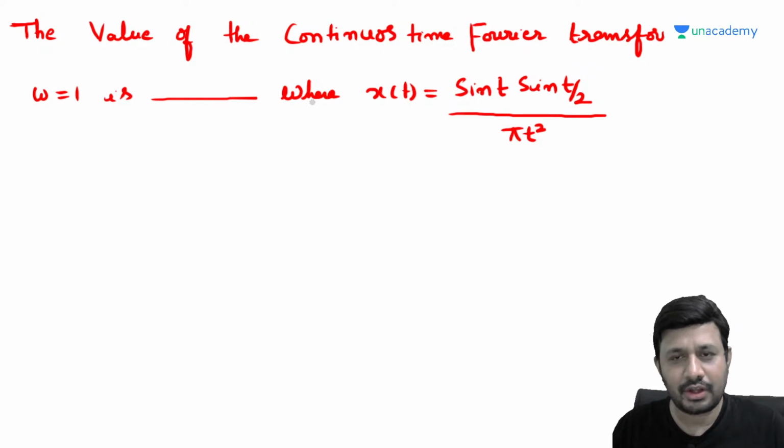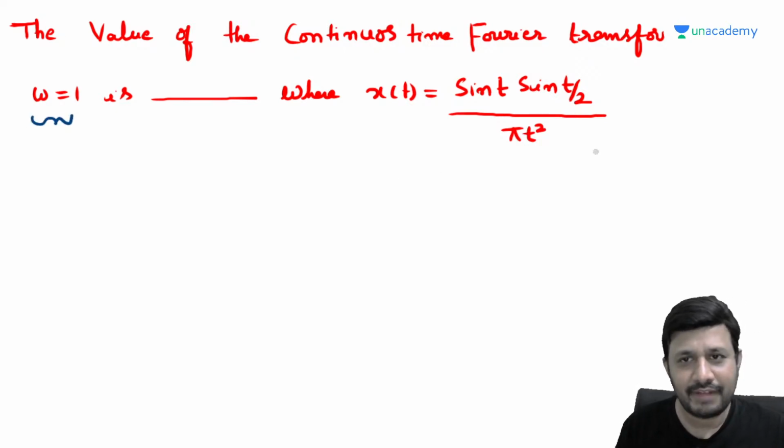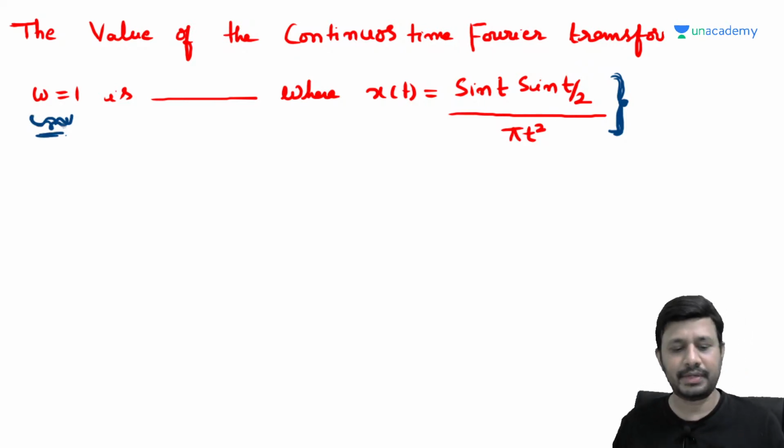You will be going through lots of good questions, that is guaranteed, within 15 to 20 minutes. He is asking us to find the Fourier transform of this signal, and in the Fourier transform, what is the value at omega equal to 1? Come on, try to answer this one, my dear students.